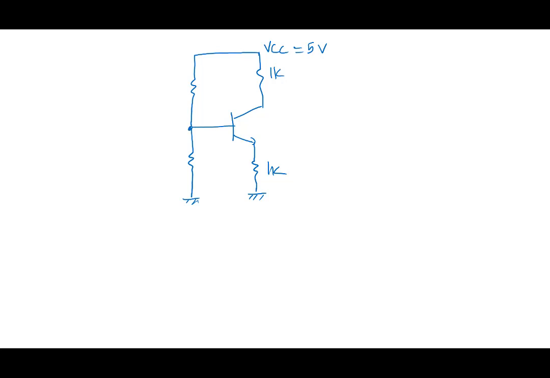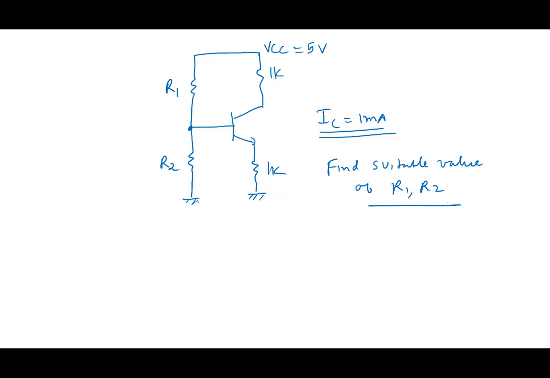What I'm asking you to do is the following: find a suitable value of R1 and R2 to give me an IC of 1 milliampere.